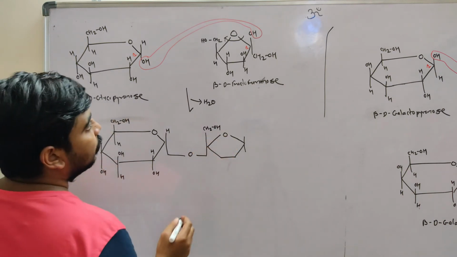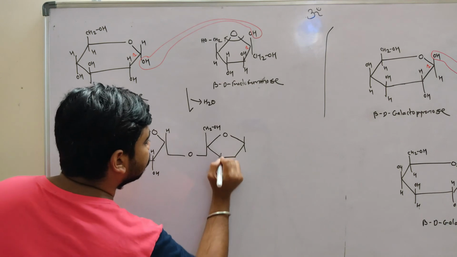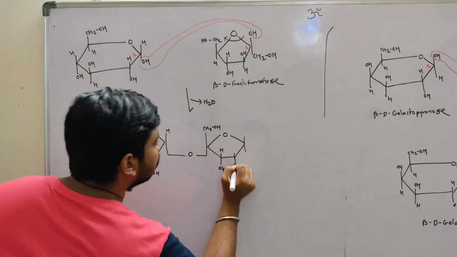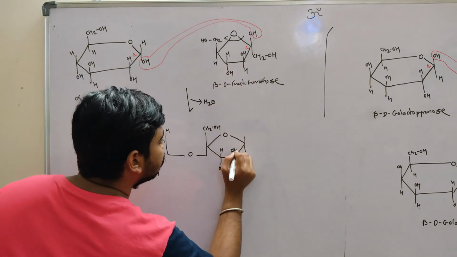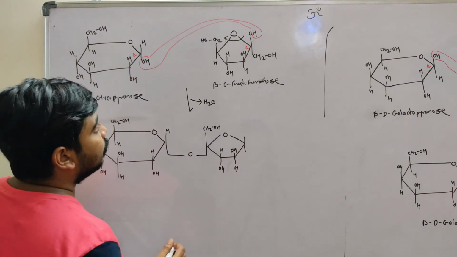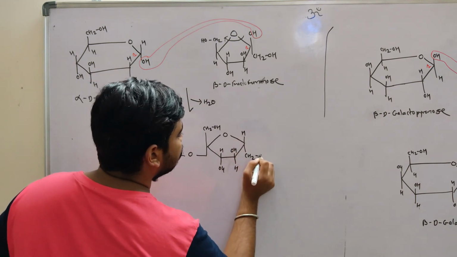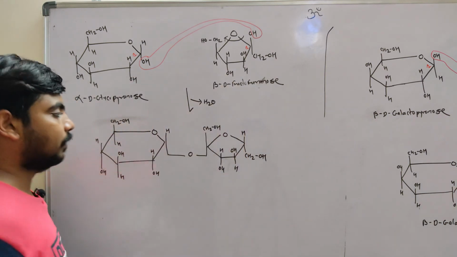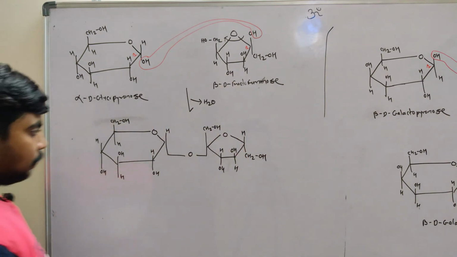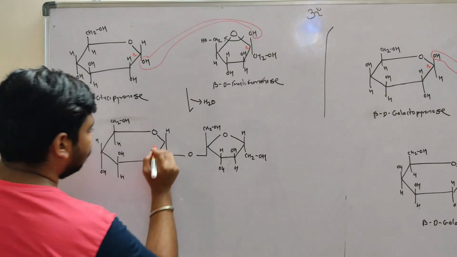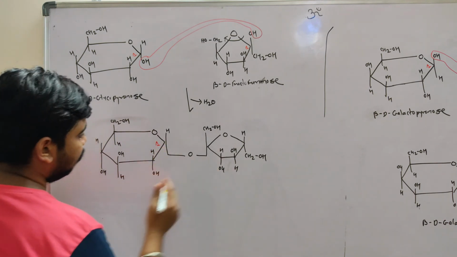Then H, OH, and this will be OH, H. Then the HCH2OH will also flip.